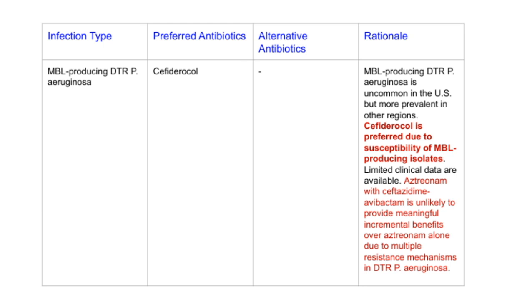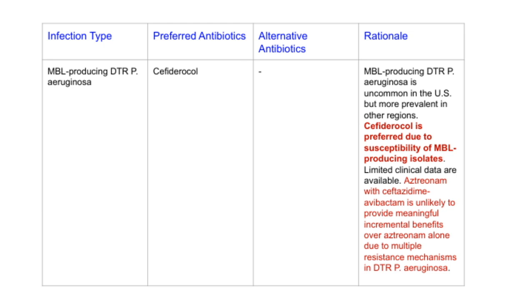Finally, the note about combining aztreonam with ceftazidime-avibactam is interesting. It suggests that such combinations are unlikely to offer significant additional benefits over aztreonam alone. This is because DTR P. aeruginosa often harbors multiple resistance mechanisms, making combination therapies less effective than we might hope.